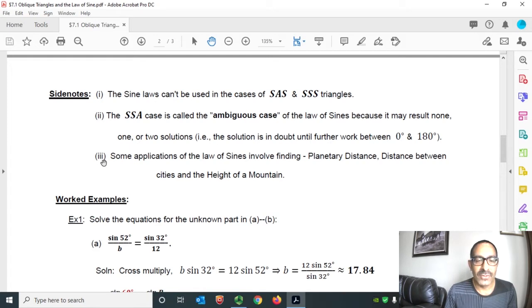Side note number 3, some applications of the laws of sine involve finding planetary distance between cities and the height of a mountain. Now let's begin solving some examples.